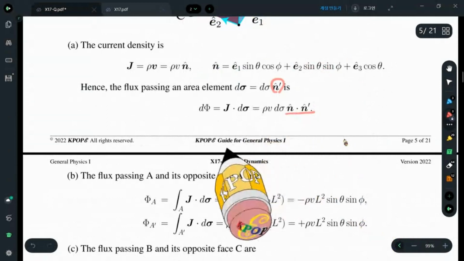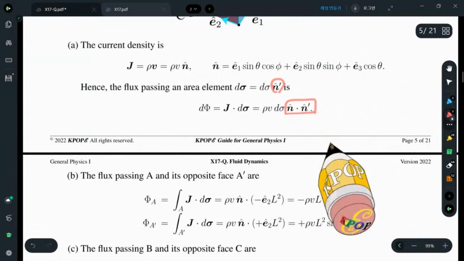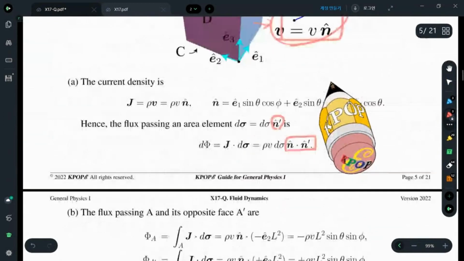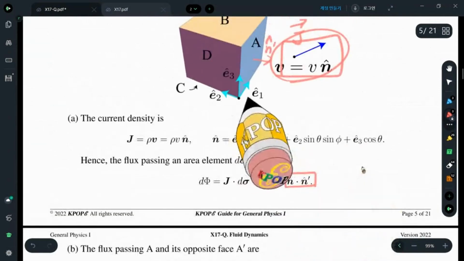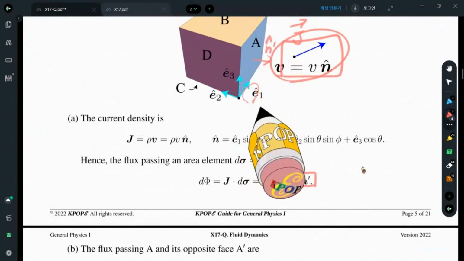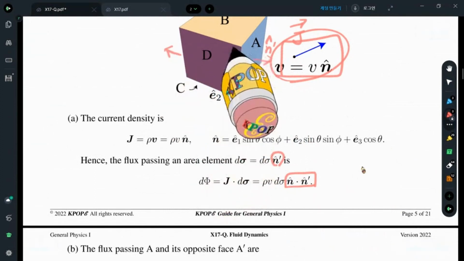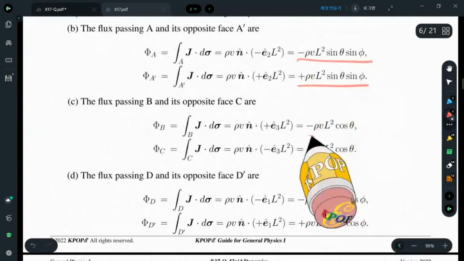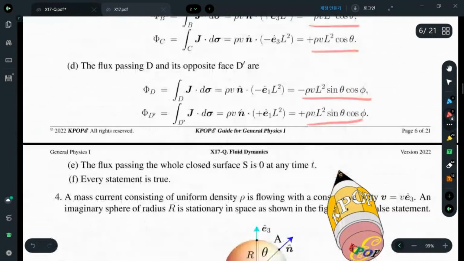So every factor is the same, except that this angular factor differs from the previous case. That can be read out from this. A has the normal vector minus E2, A prime has the normal vector E2, and so on. So these are obtained that way.